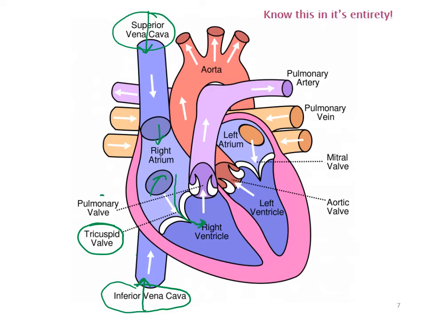Okay, now it's going to go into that right ventricle from the right atrium, and this valve is now going to close, and the right ventricle is going to this wall. This wall is going to contract, and it's going to express that deoxygenated blood up into the pulmonary artery.